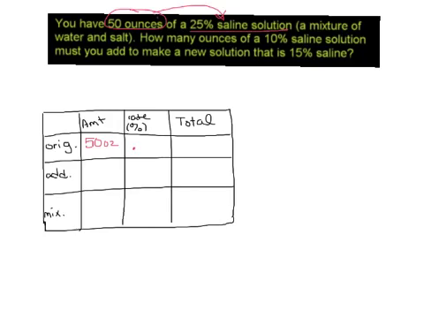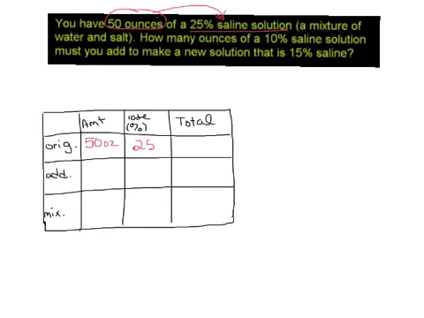I have a choice. I can either keep it as 25 or I can write it as 0.25. The biggest thing is that whatever I decide to do, if I start off using 25, I have to use 10 and 15 for the other two quantities. If I put 0.25, I need to keep it as 0.25 and 0.10, 0.15.